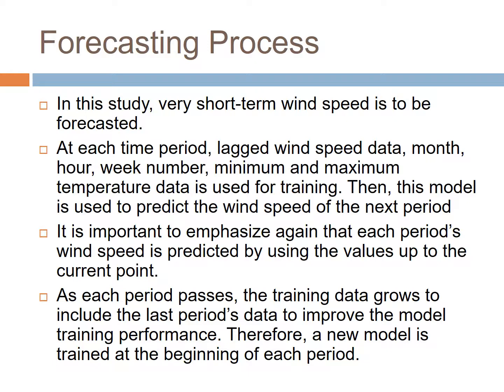For each period, we use the data that we have from the previous periods to make a prediction model, and we use that model to predict the next period's forecasts. So we can say that the training data grows to include the last period's data to improve the model training performance.